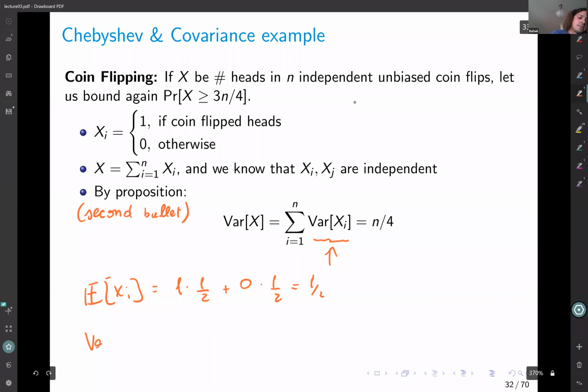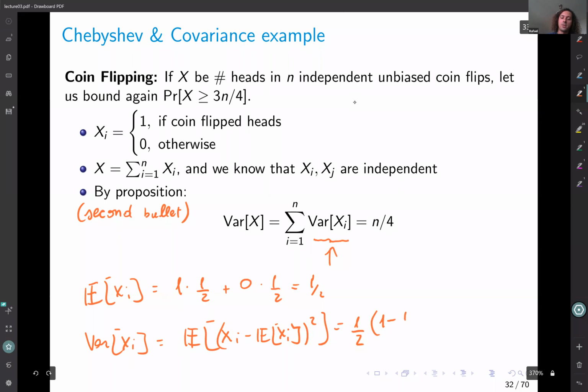So what is the variance of xi? What is the definition of the variance of xi? It is the expectation of (xi minus its expectation) squared. With probability half, xi is equal to 1, so I'm going to get (1 minus a half) squared. And with probability a half, my random variable is 0, so I get (0 minus the expectation, which is a half) squared.